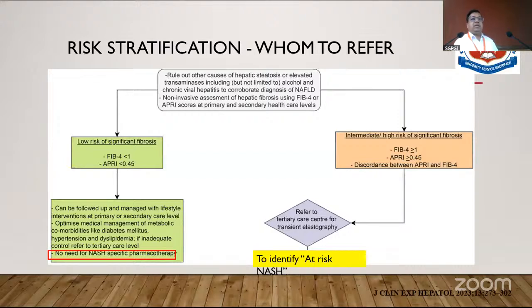If the patient has FIB4 more than 1 or APRI more than 0.45, then this patient needs proper evaluation for fatty liver disease, and should be referred to a tertiary care center for transient elastography and further testing. If APRI is less than 0.45 or FIB4 is less than 1, then these patients should be treated by the primary care physician with lifestyle modification and control of metabolic dysfunctions.